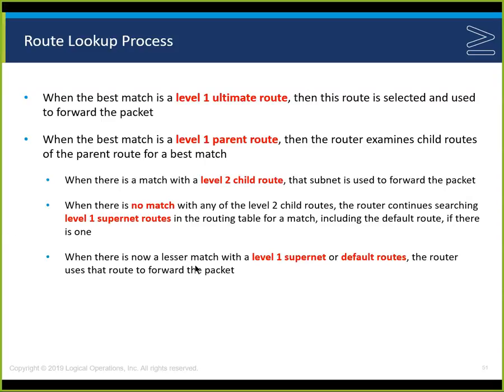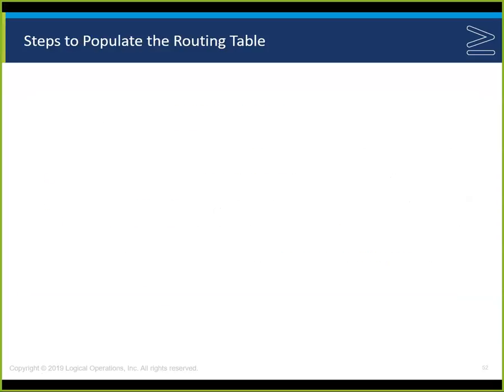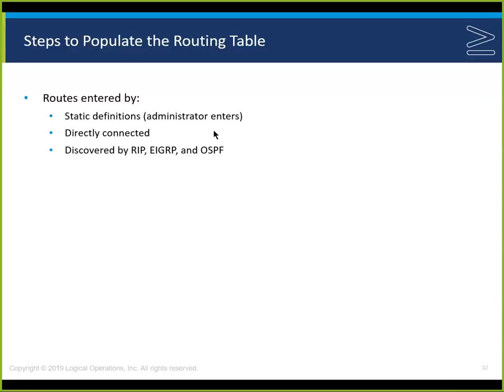If there's a supernet route, the router uses that route to forward the packet. If there's no match with any route in the routing table, the packet gets dropped, unless we have a default route. If we have a default route, it's going to go there. Otherwise, it's going to be dropped, and we'll get an ICMP error message back that the destination network is unreachable.